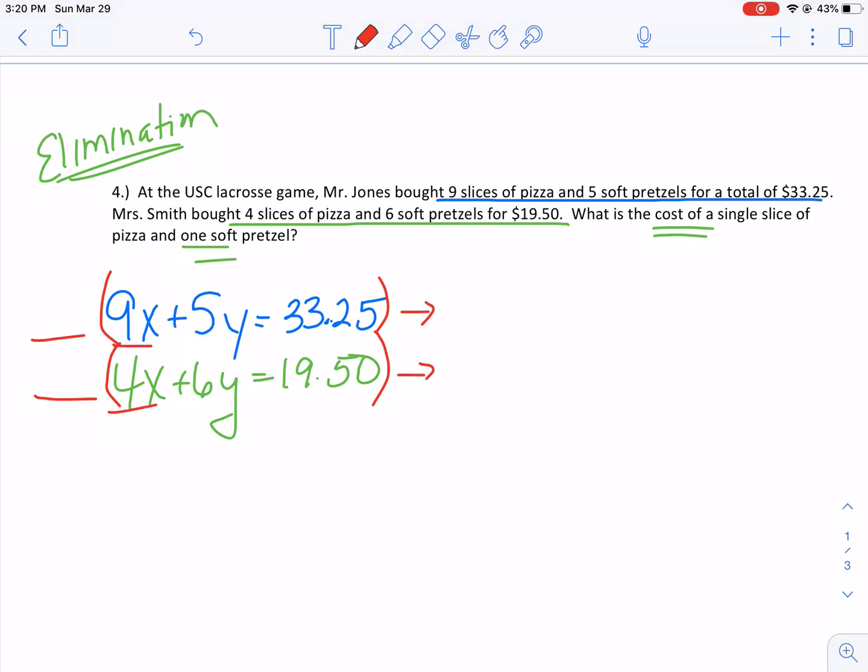I know that a common multiple between 9 and 4 is 36. So I need to get one to be 36x, the other one to be negative 36x. Well, I can multiply this top equation by 4 and the bottom equation by negative 9. So go ahead and do that and check your answer with mine. Hit pause and then come back and check your system.